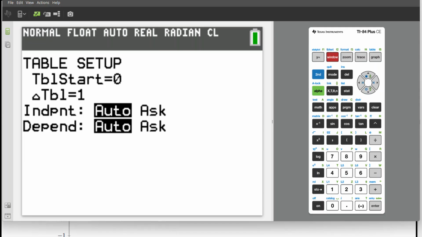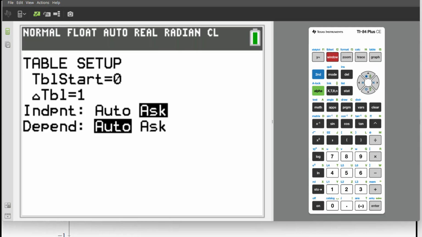And what we want to do is use the down arrow to go to the line that says INDPNT, which stands for independent. So you're going to go down a couple times, and what you're going to do is move the highlight from auto to ask, then click enter. So ask should be blinking for you, it should be highlighted, and to test we can click second window again and see that it's been saved.